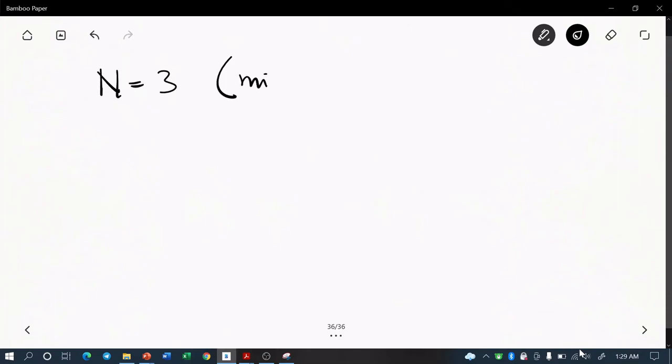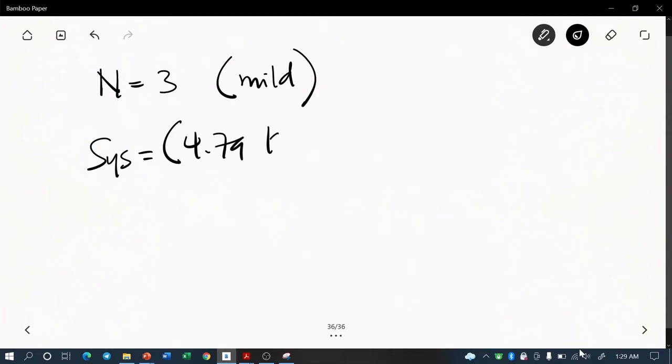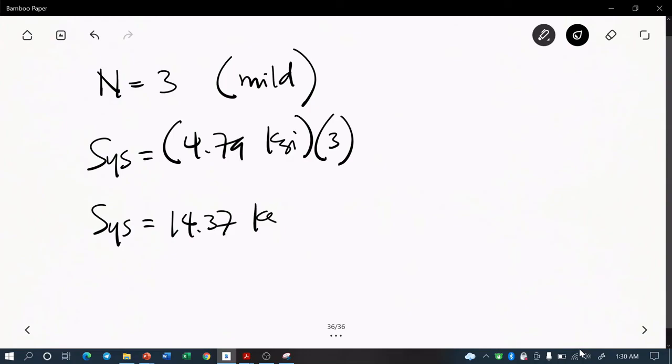This is for mild loading, and it is repeated but not reversed type of loading. So we're going to use this. Simply, S sub ys is equal to 4.79 KSI times 3. So we obtain an S sub ys equal to 14.37 KSI.